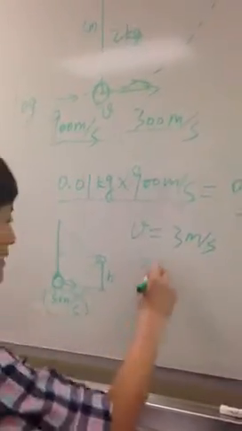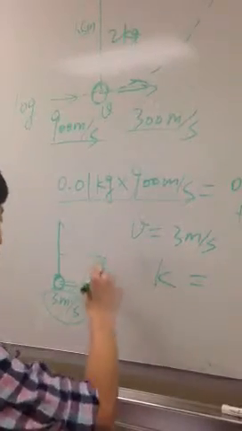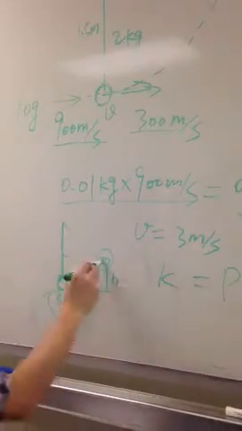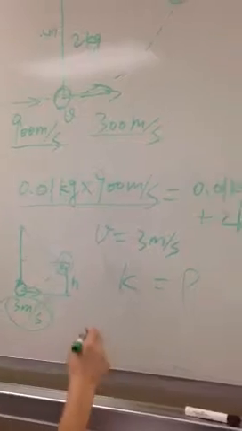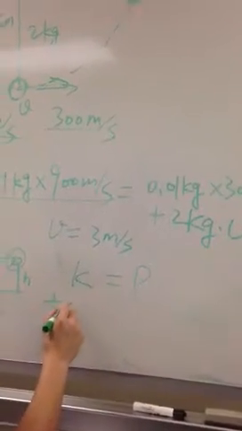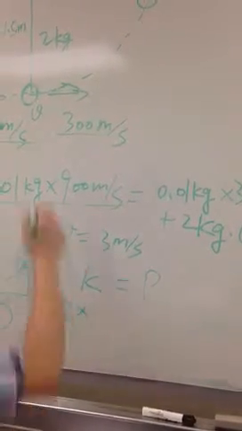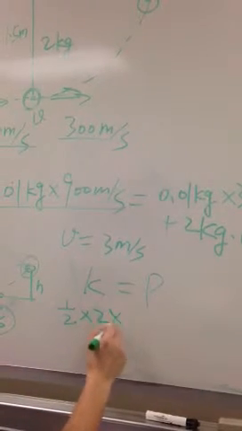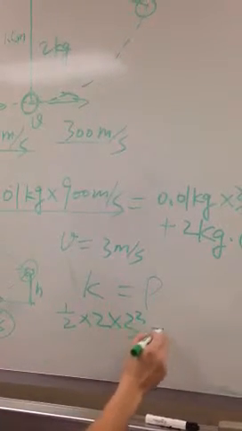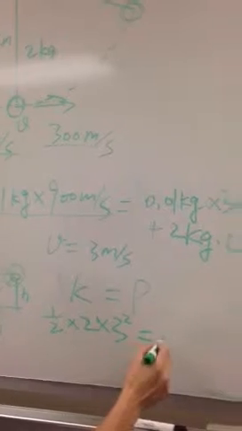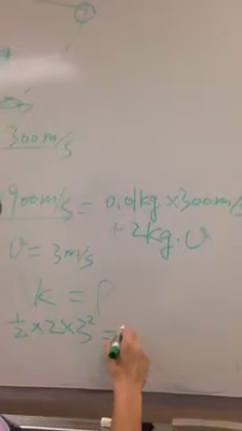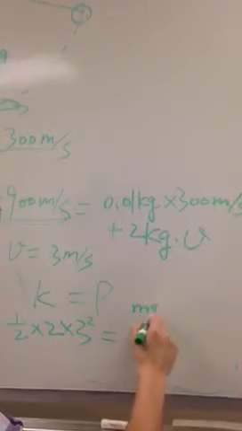Here the kinetic energy is equal to the potential energy, right? Will be 1/2 times 2 kilogram, 3 meters per second squared, is equal to mgh.